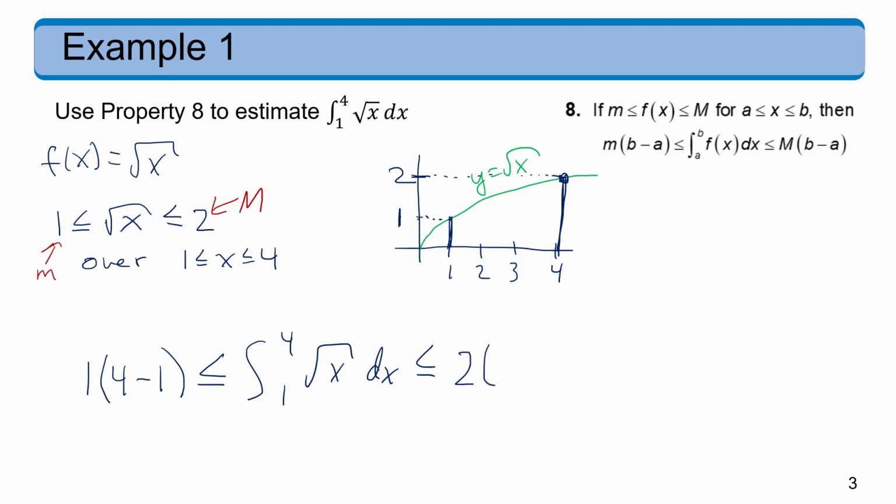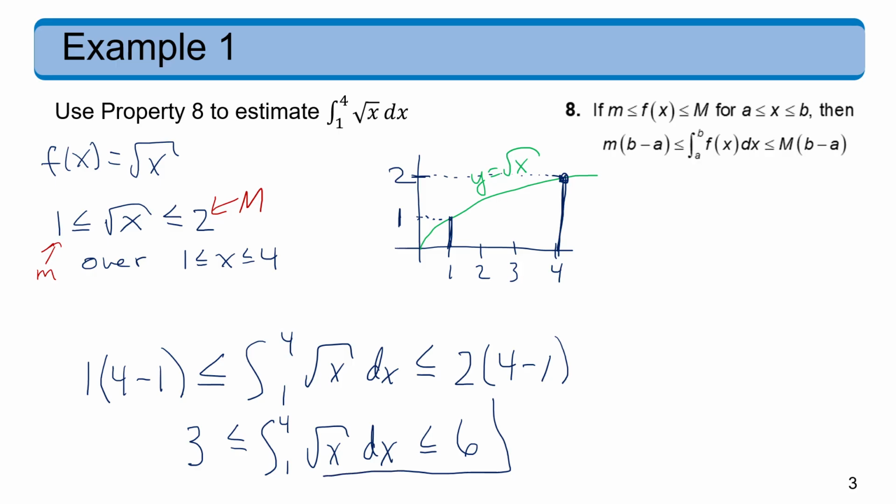And that's also multiplied by b minus a, so 4 minus 1. So then we'll simplify. We'll keep the middle part the same. And on the left, that simplifies to 3. And on the right, it's 2 times 3, which is 6.